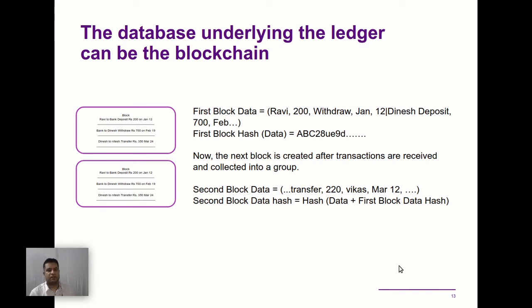Now imagine that we have this ledger that's maintained by the bank, which is essentially having, assuming for simplicity, just one branch. Then this ledger could be a group of all the entries that are made during one day.